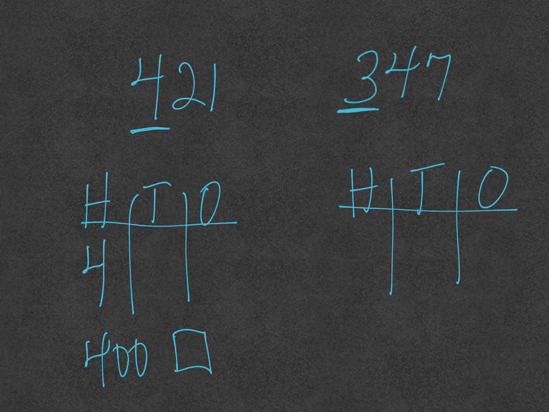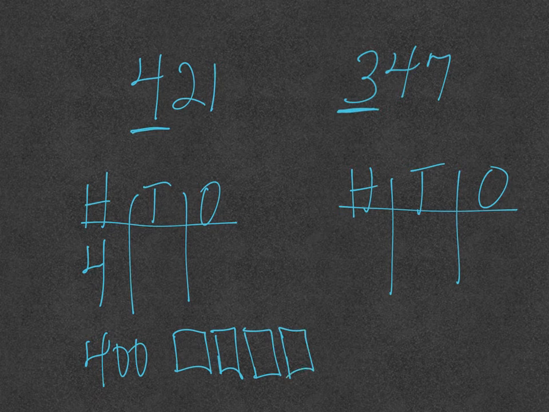If you want to draw it out in place value blocks, you would draw 4 blocks. And then on this side, I have the number 347. And the digit in my hundreds place on this number is a 3. So its value is worth 300 because it has 3 hundreds in it.